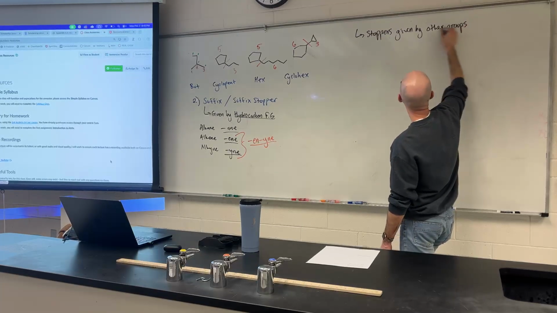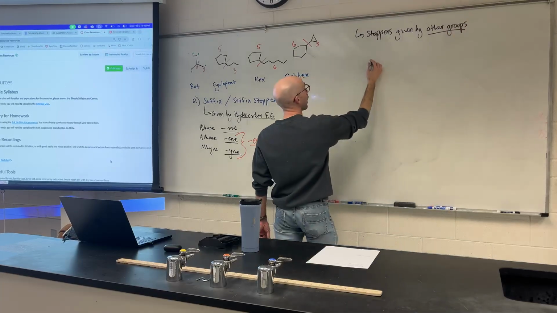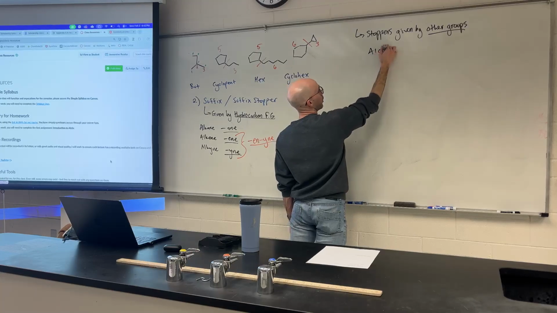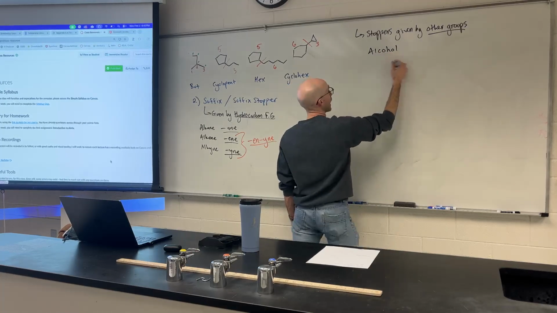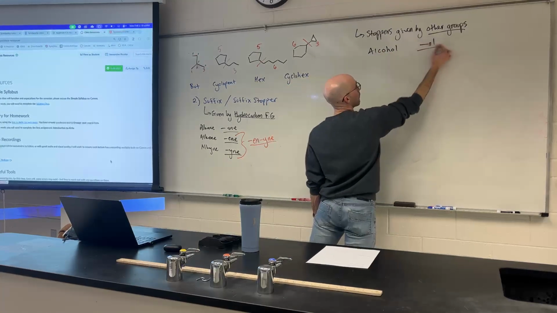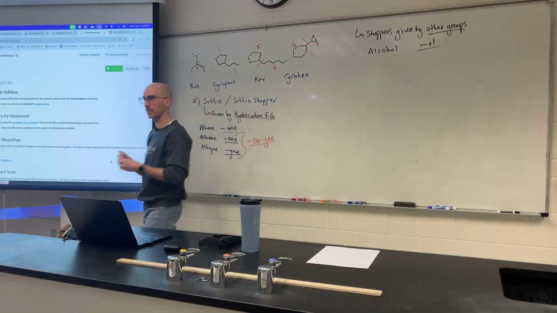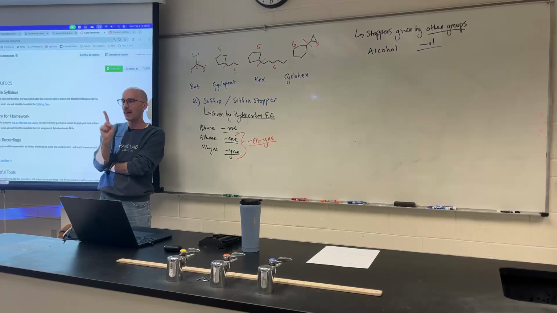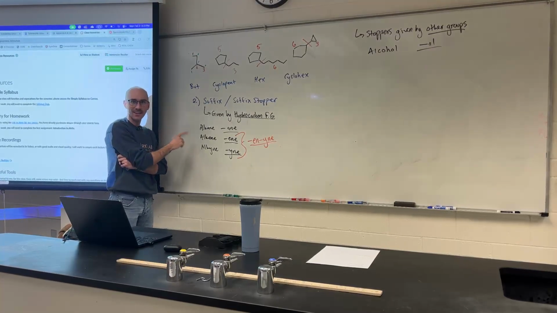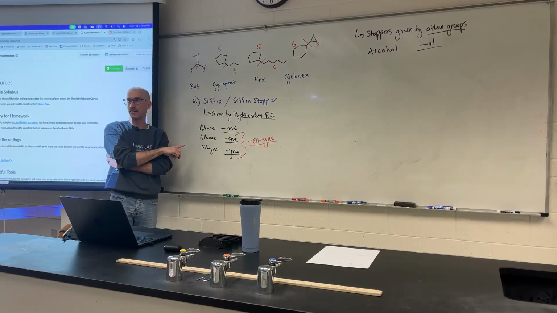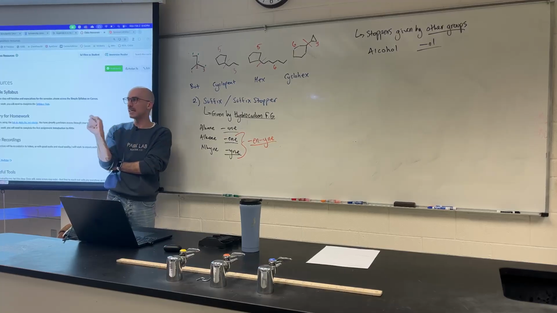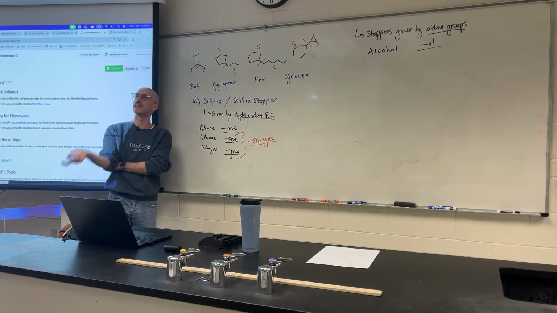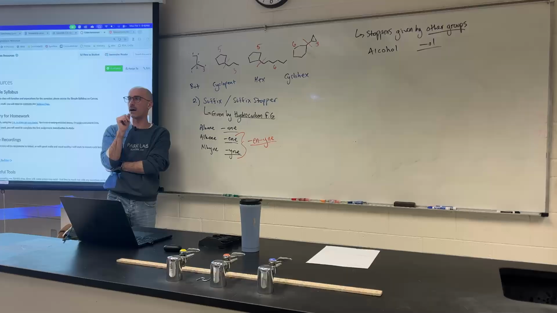For our class, the only other suffix stopper that we're going to work with is the alcohol. And it gives the stopper -ol. What that means is that you have to have a suffix from a hydrocarbon, and then you can drop the E at the end of that suffix and stopper the suffix with -ol.